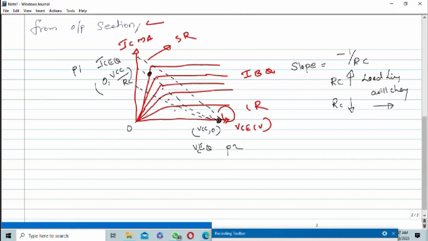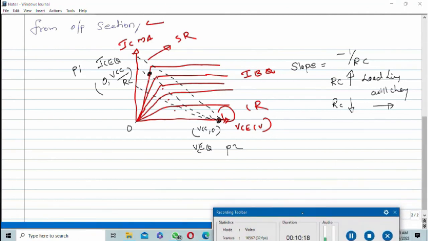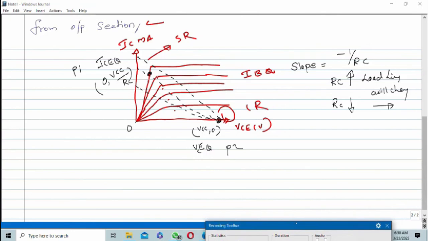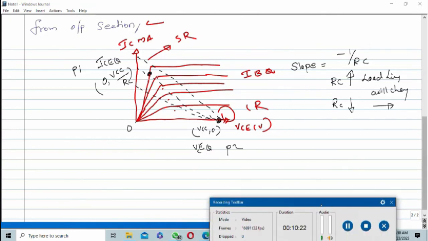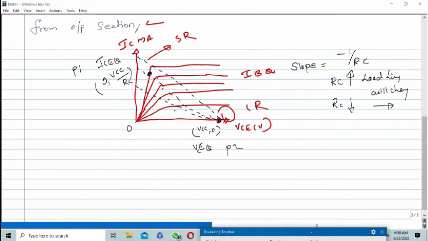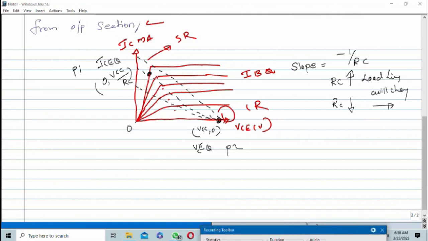From this there are three sets of cases available, that is, whether the output is clipping or not based on the input. This is called the load line of the output.